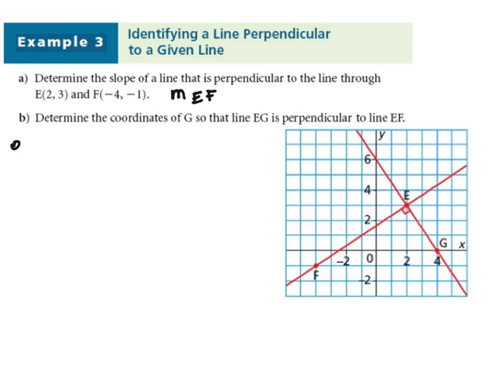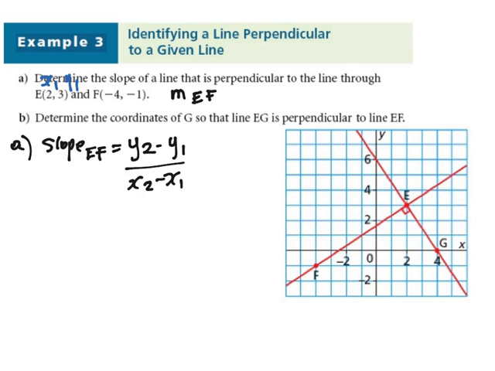The first thing, of course, is to label x1, y1, x2, y2. And now we have negative 1 minus negative 4, and we have 3 minus... you have to be careful when you are putting these in. Let's try again. Negative 1 minus 3, and negative 4 minus 2.